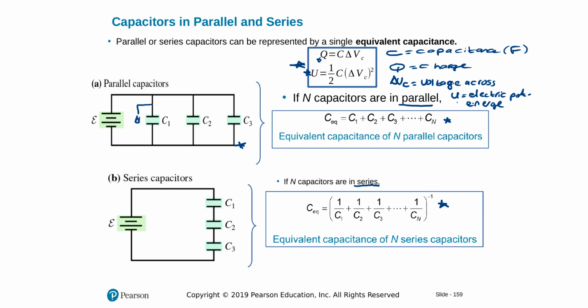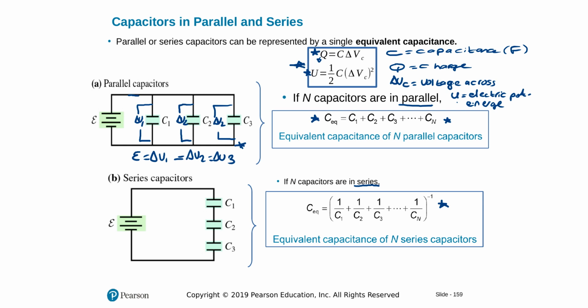They will have all the same potential differences across if we have parallel arms. Delta V1, delta V2, delta V3 will be equal to each other here, and they will be all equal to epsilon. In fact, equating the potential differences and using the Q is equal to CV equation, we can prove why the equivalent capacitance ends up being addition if they're in parallel.